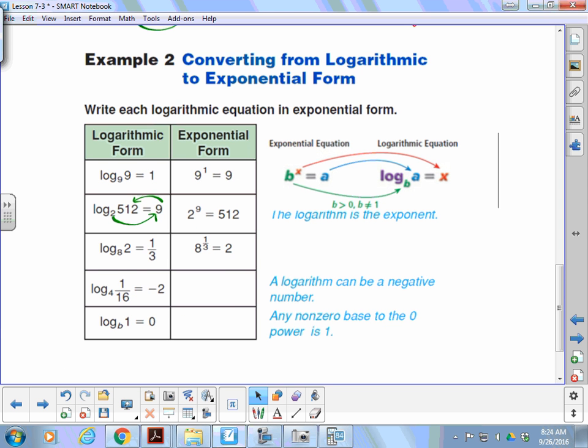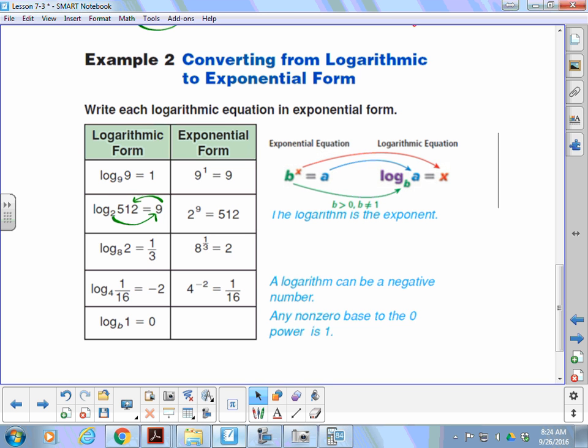Okay. 4 to the negative second equals 1/16. And here's the one thing: whenever you have a negative exponent, either the base is going to be a fraction, or what it equals is going to be a fraction.